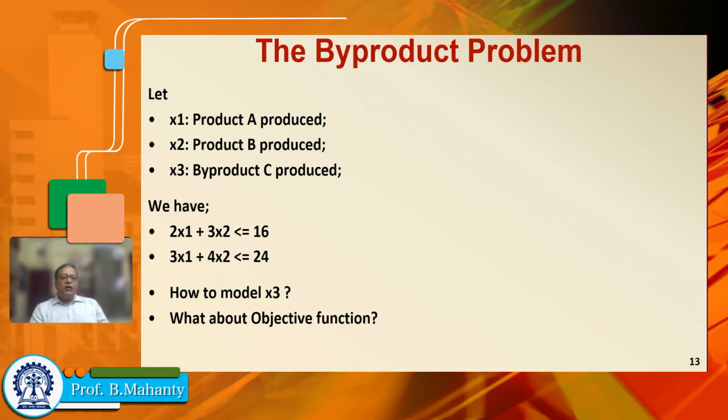So X3, you see, has 2 parts. One is profitable, another is not profitable. So if you say, okay, if X3 is greater than equal to 5, then one kind of thing, and if less than equal to 5, then another kind of thing.